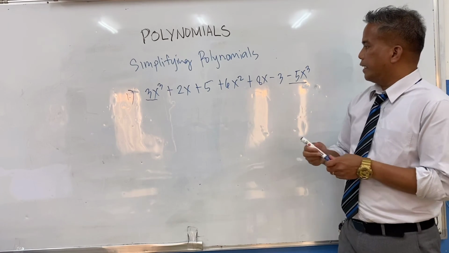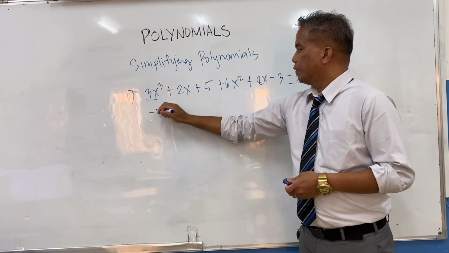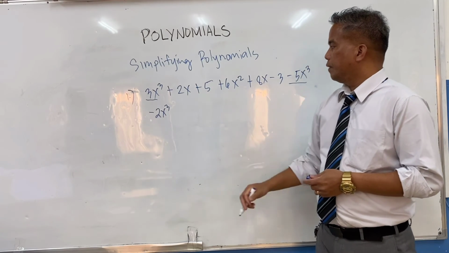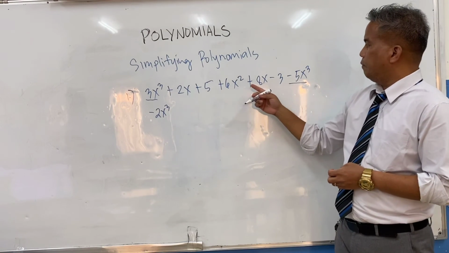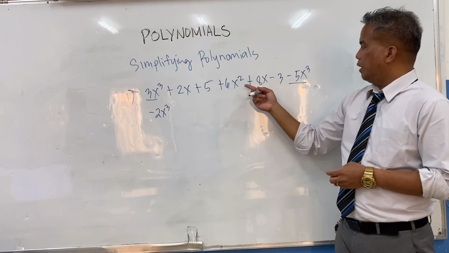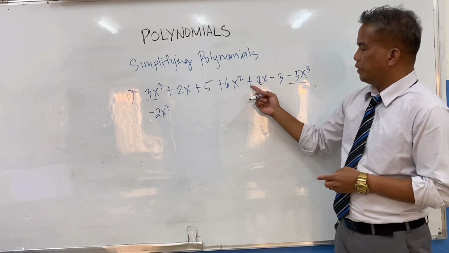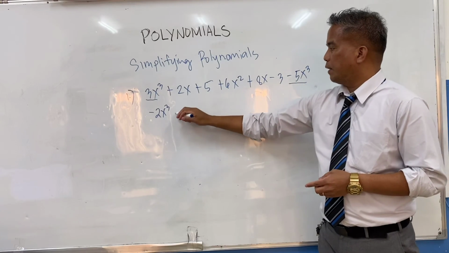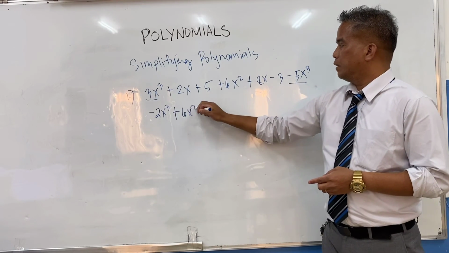So the answer is negative 2x cubed. And next we have x squared here, but we cannot combine it with other terms. So just copy plus 6x squared.